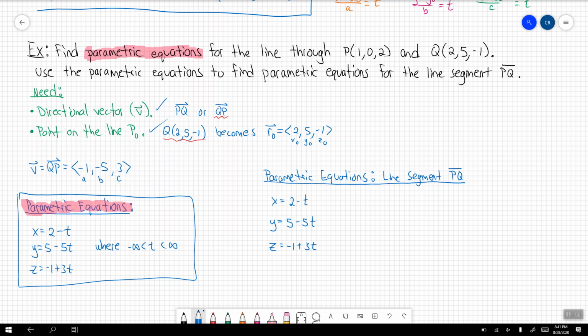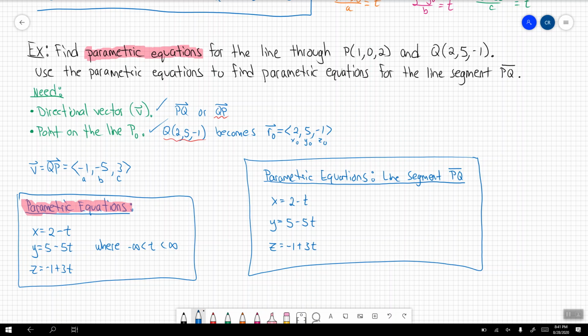Now, you might be saying, okay, Mr. Castro, why or how are we going to get those t's to be bounded now? Well, that, my friends, is very, very straightforward. I want you to think about what t values will get you the first point, a point of 1, 0, 2, and what t values will get you the point of 2, 5, negative 1.